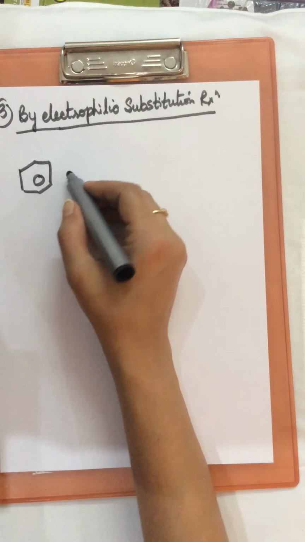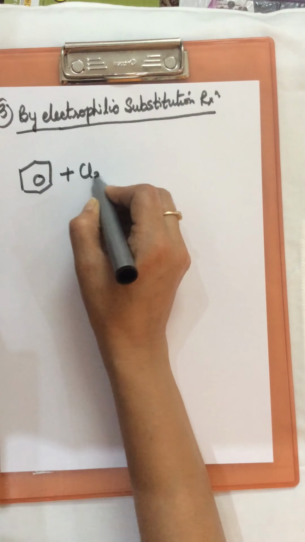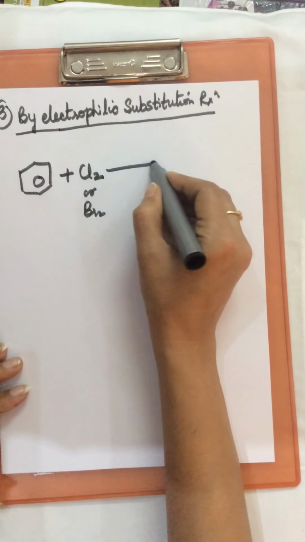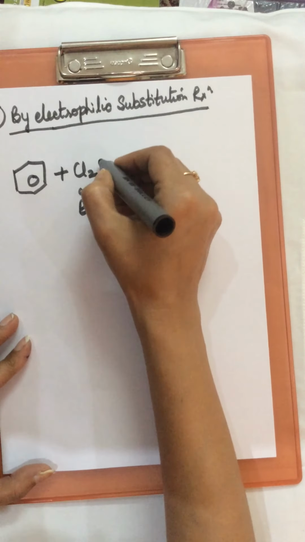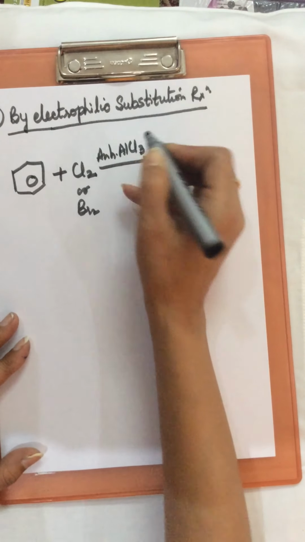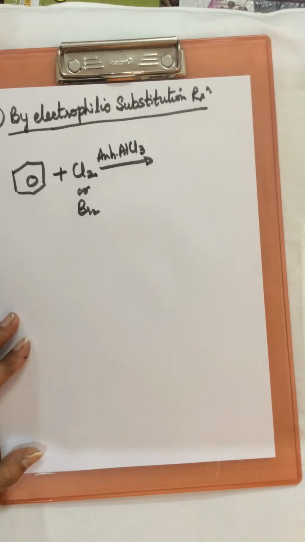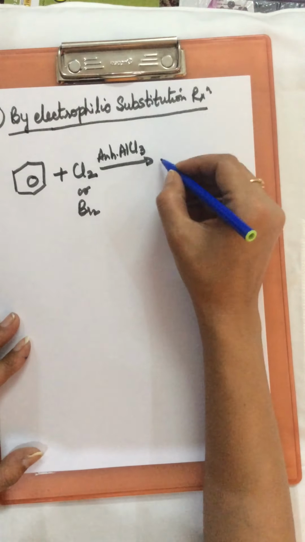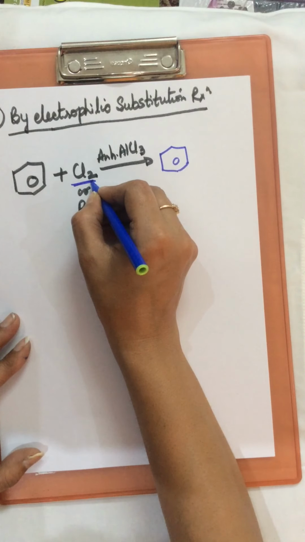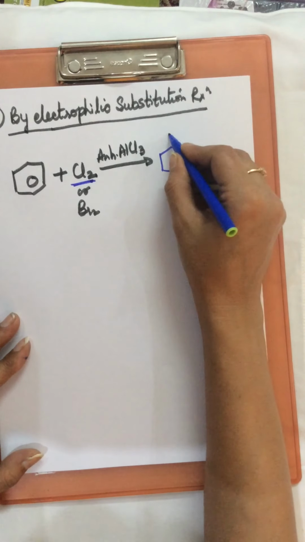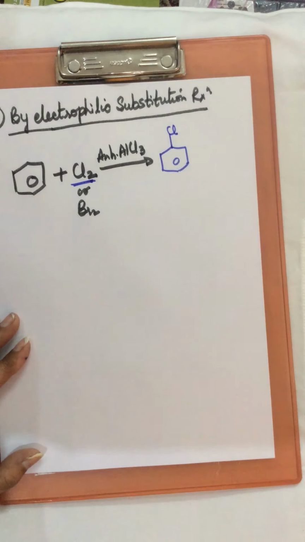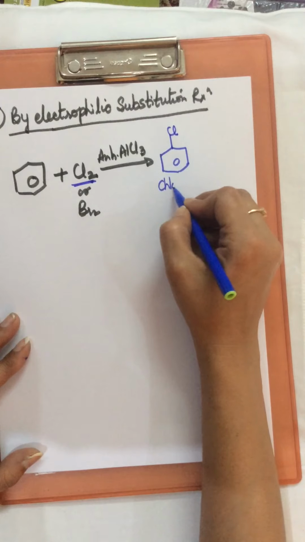When benzene is reacted with chlorine or with bromine in presence of a Lewis acid, anhydrous AlCl3, FeCl3, FeBr3, then the electrophile from here will displace one of the hydrogens of benzene and will substitute here. So we get chlorobenzene here.